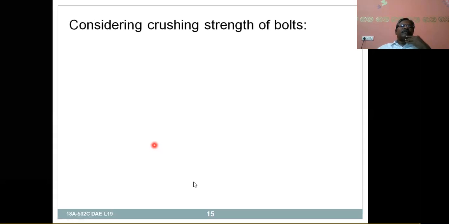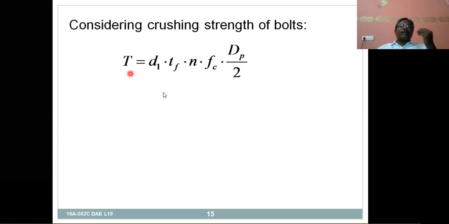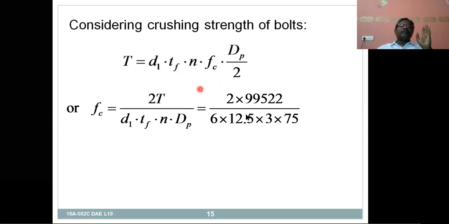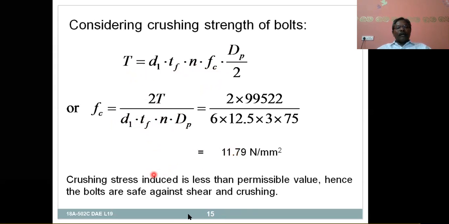Now considering the crushing strength of the bolts, P is equal to d1 tf into n into fc into dp by 2, and fc is equal to 2T by d1 into tf into n into dp, that is 11.79. The crushing stress induced is less than the permissible value. Hence, the bolts are safe against both shearing as well as crushing.